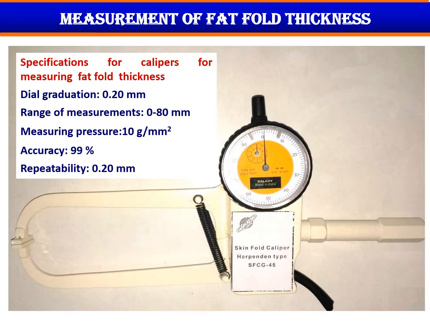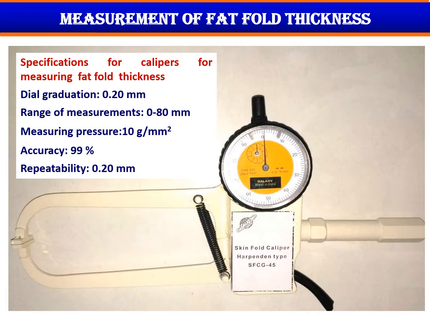Ideally, the caliper dial graduation should be 0.2 millimeters. The range of measurement should be between 0 and 80 theoretically, but in practical terms, it should be able to measure accurately fat fold thickness between 4 and 40 millimeters.